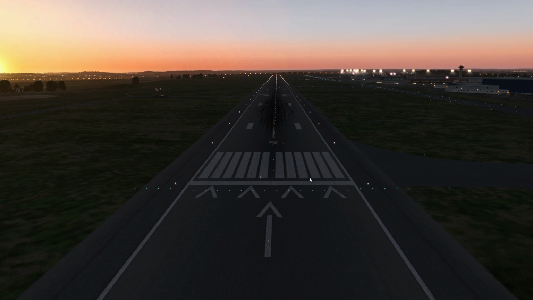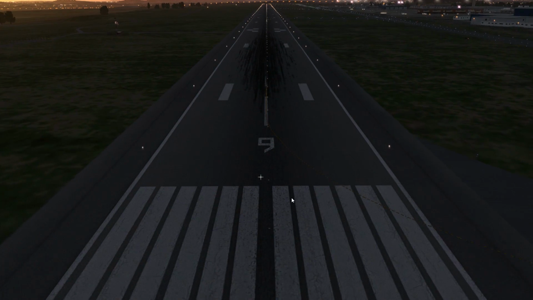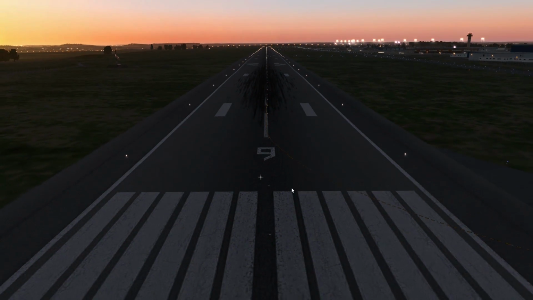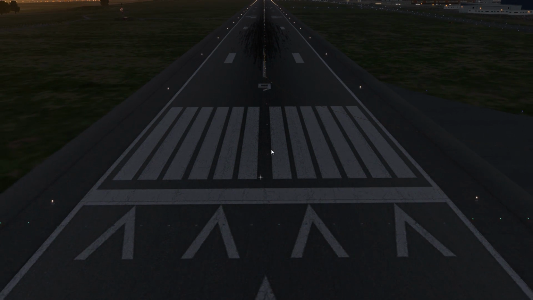So we'll continue along this and we'll explain what these are. We have the center lighting on this runway, which is odd, because I don't think a Cat 1 would have center lighting. But there we go. So we've got runway lights down the center. Each one of these, I believe, are in 25-foot increments.